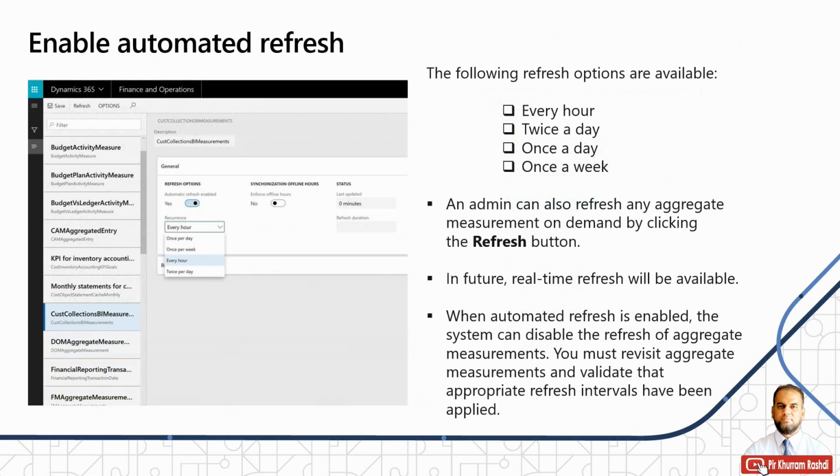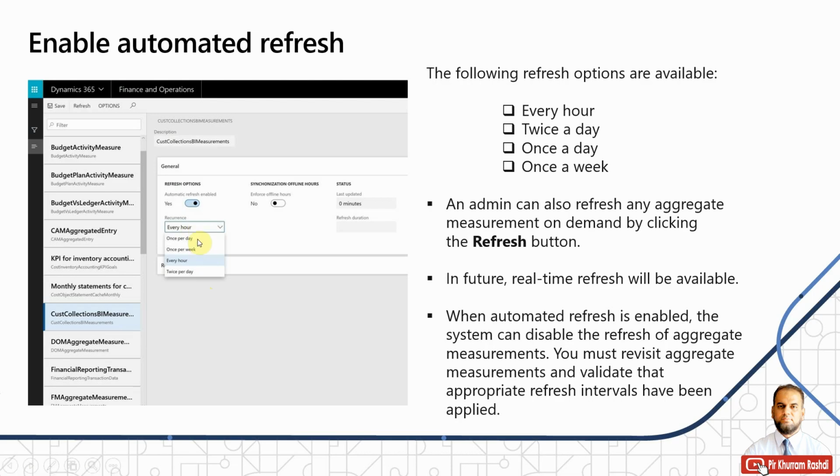In this slide we are seeing the refresh rates available. This is the entity store in the System administration module, where you can manually refresh a specific measurement, or you can set a time for it. In the recurrence drop down field, every hour is the minimum available.